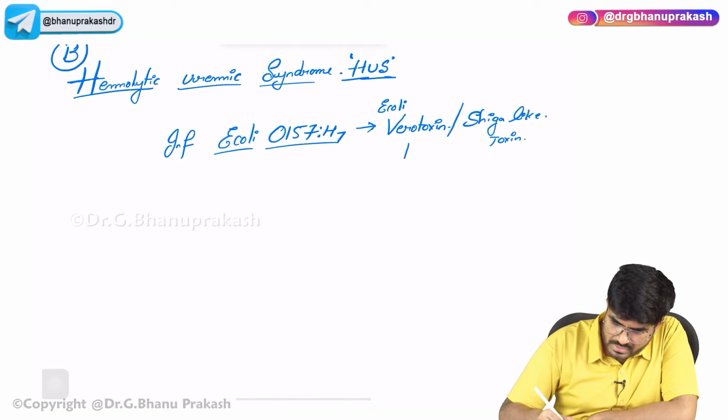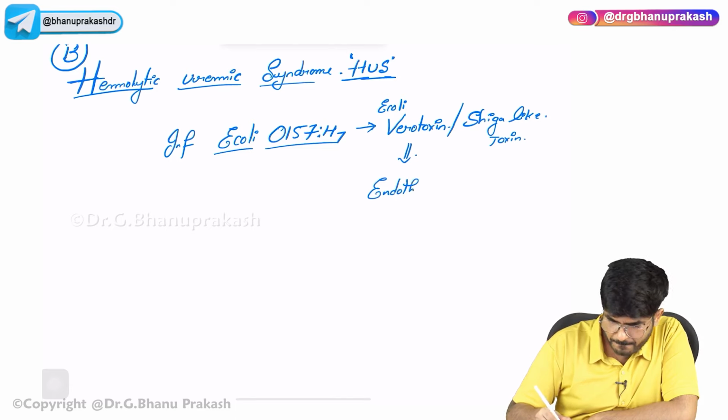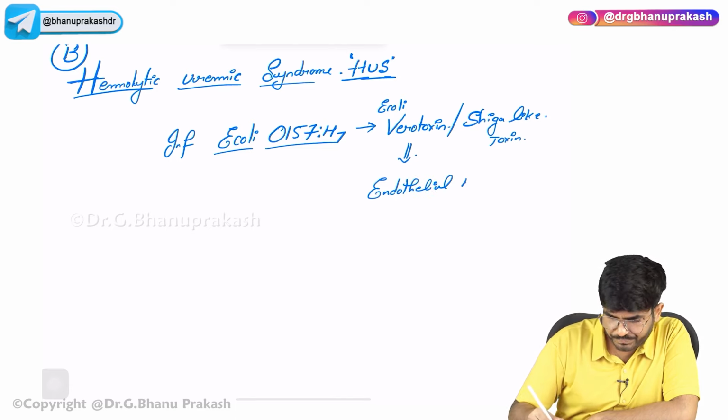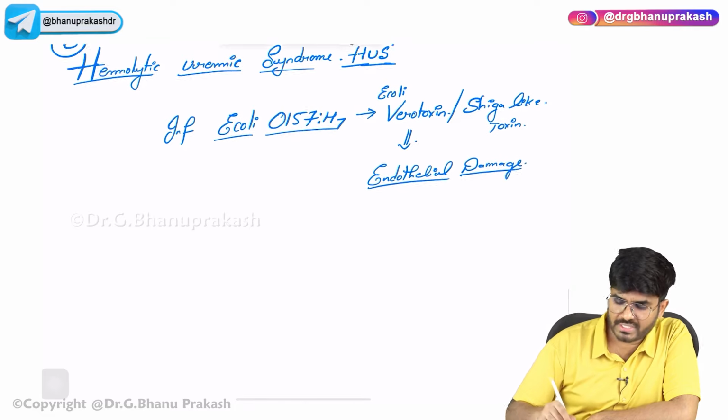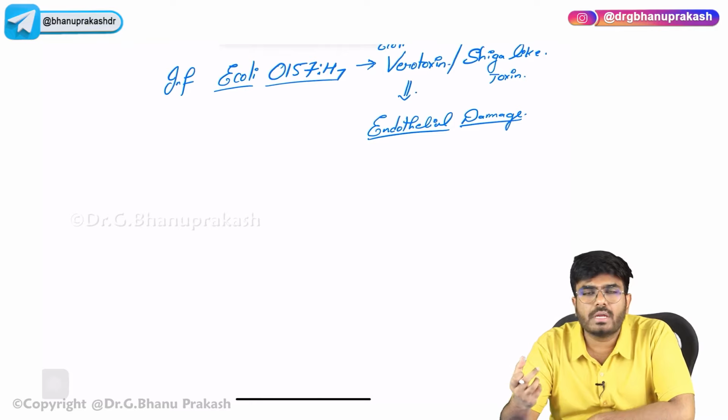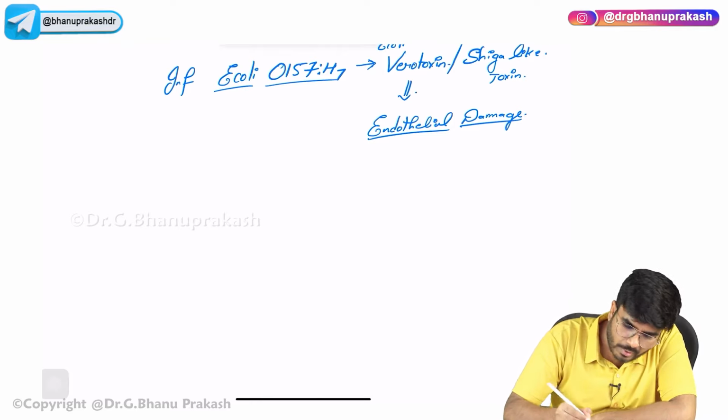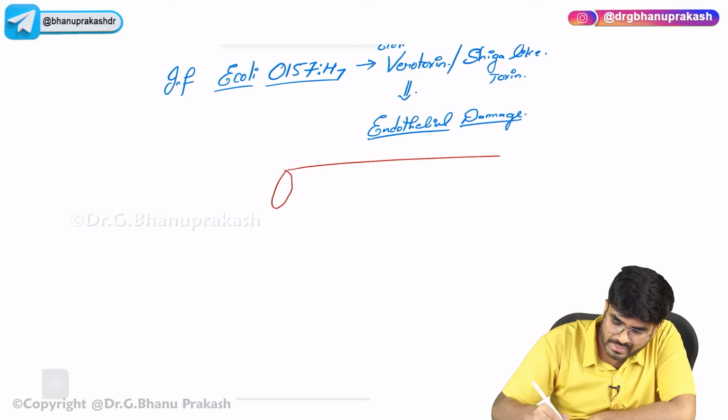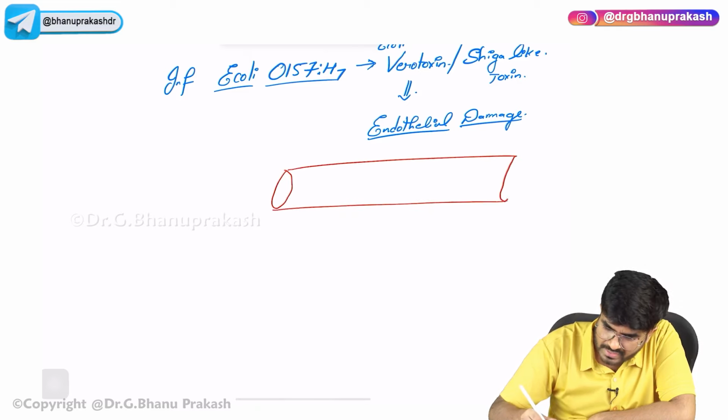So at the end of the day, what is this verotoxin going to do? It is going to cause endothelial damage. Once the endothelium is damaged, automatically microthrombi will form, especially in the renal vasculature.